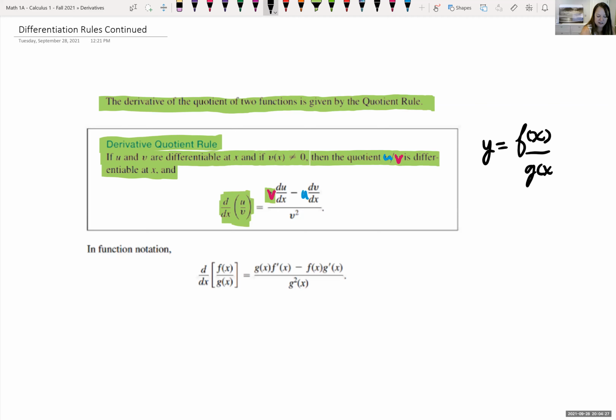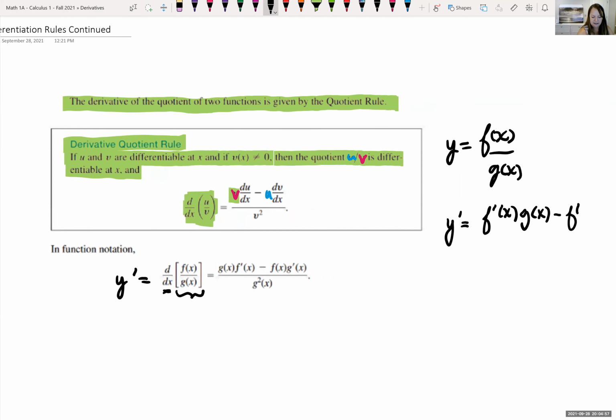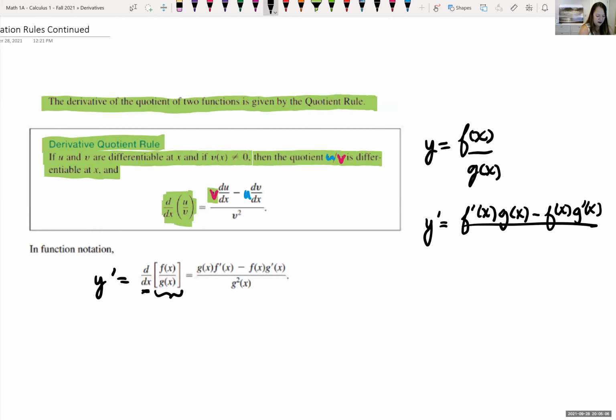And then if I look at the derivative, y prime, this is just saying I'm taking the derivative of my quotient f of x over g of x, and that derivative is equal to the derivative of the numerator, f prime of x, times the denominator, g of x, minus the numerator, f of x, times the derivative of the denominator, g prime of x, all over our denominator, g of x, quantity squared.